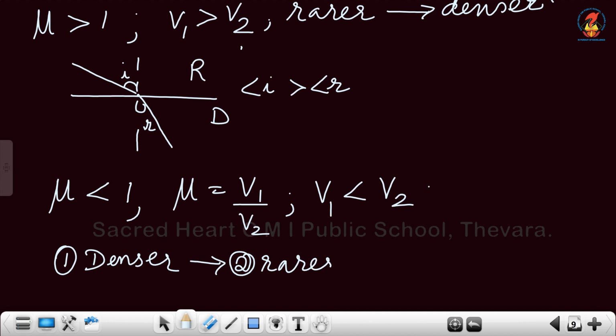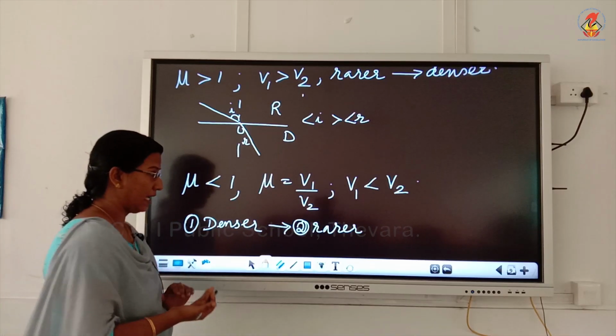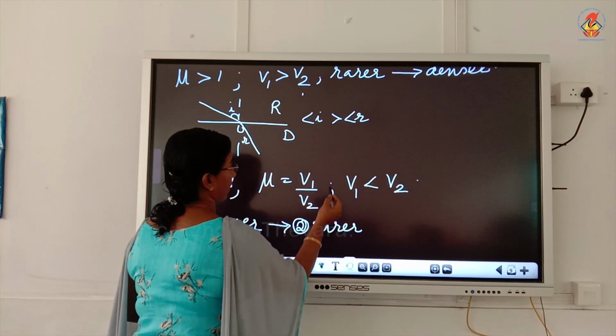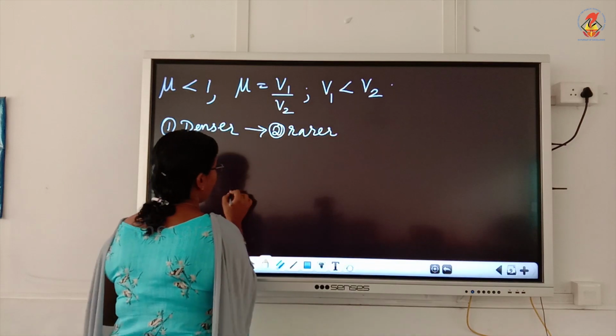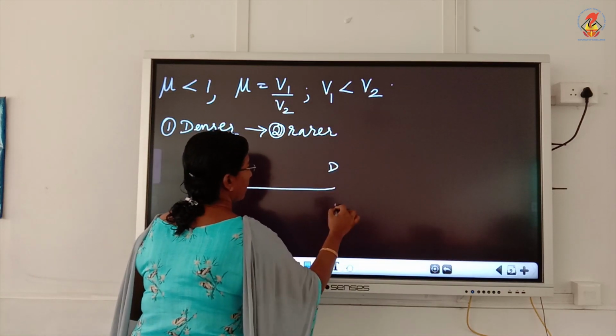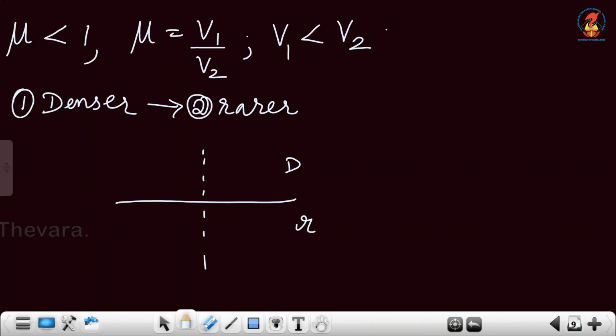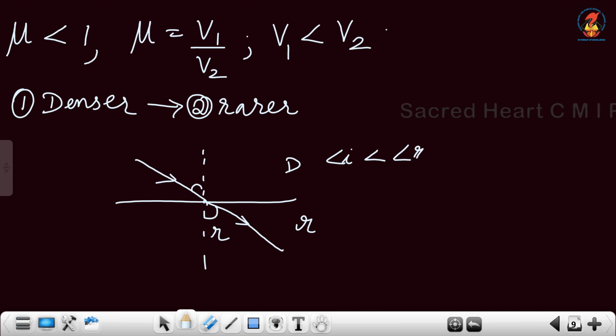So, light is travelling from an optically denser medium to an optically rarer medium. So automatically what will happen? The speed of light will increase when it travels from a denser medium to a rarer medium. So the ray will move away from the normal, and the angle of incidence will be less than the angle of refraction.